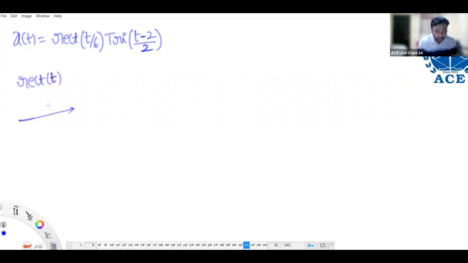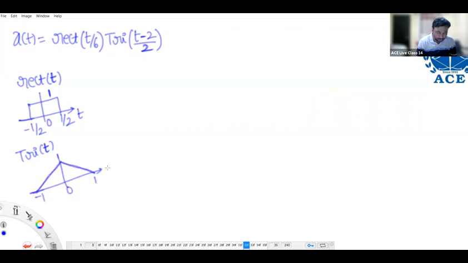Just recollect. Rect t means we have drawn from minus half to half. Tri t means we have drawn from minus 1 to 1. These two are reference signals for you.